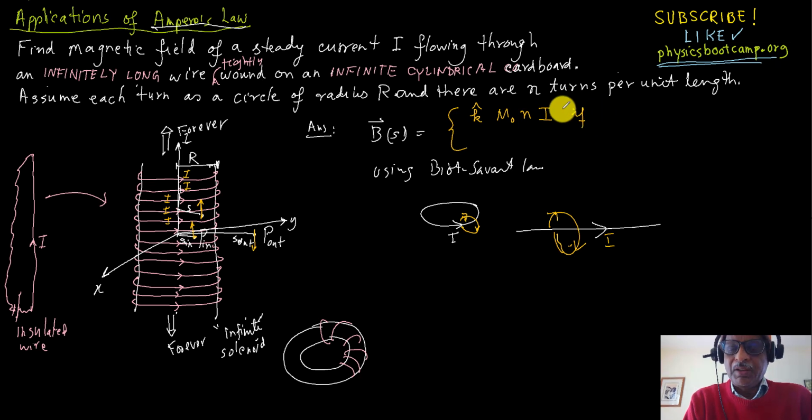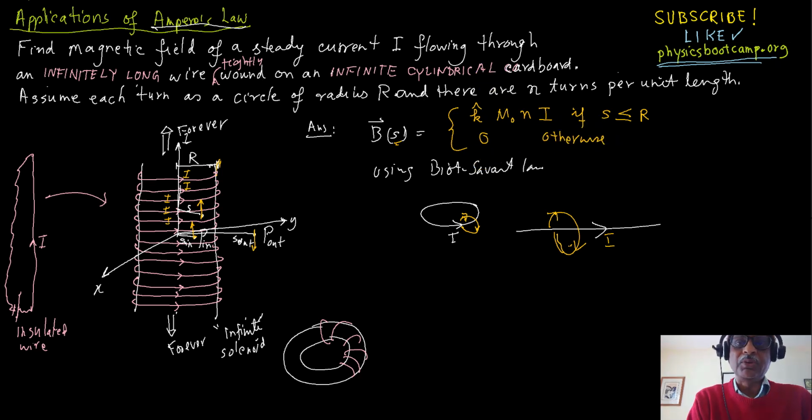If the point I'm looking at has s less than or equal to the radius up to which the wire goes, where the current is flowing, and it's 0 otherwise.